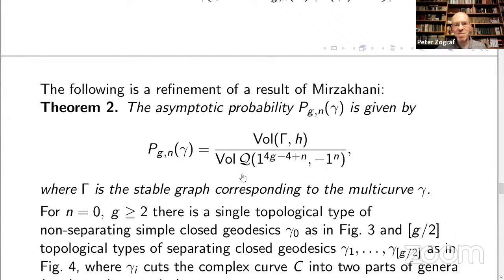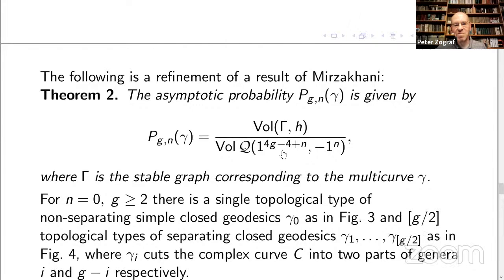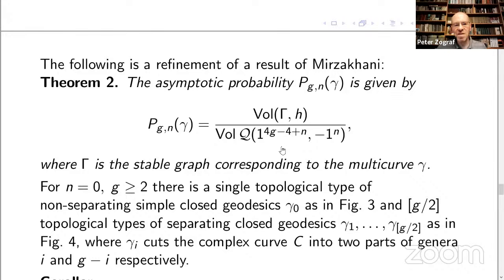Namely, the asymptotic probability P_{g,n} of gamma is given by the ratio of the volume contribution from the stable graph Gamma with the set of heights H over the volume of the total stratum of holomorphic quadratic differentials. Here, as I said, Gamma is the stable graph corresponding to the multicurve gamma.